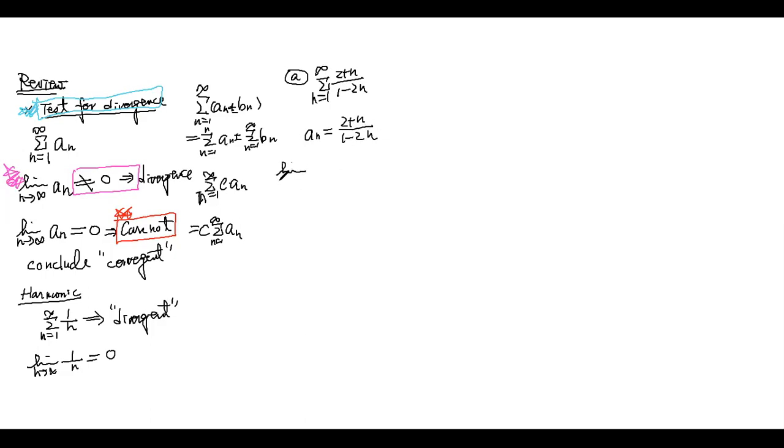I want to find the limit as n approaches infinity of a_n, which is the limit of (2 plus n) over (1 minus 2n). You can divide by n on both numerator and denominator, so this is (2 over n plus 1) over (1 over n minus 2), right?